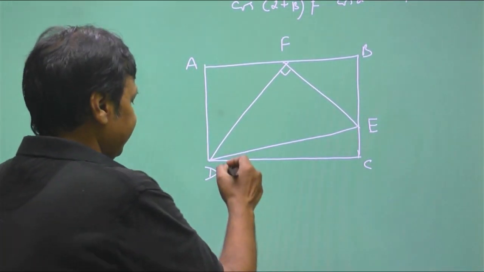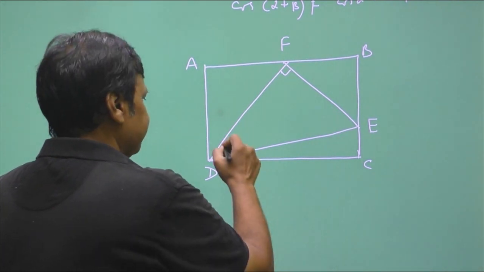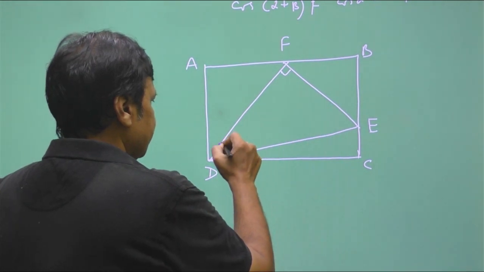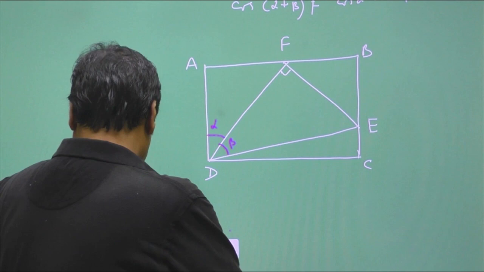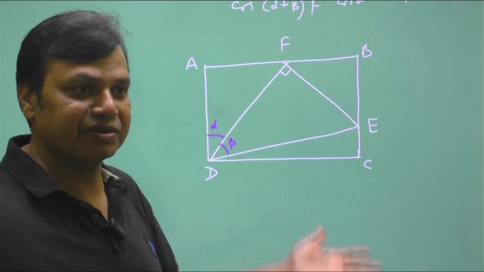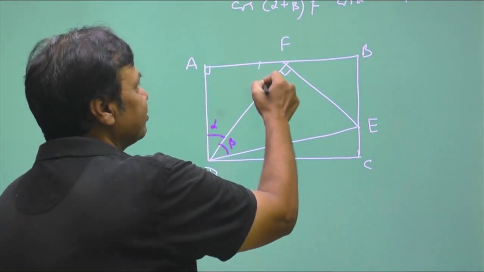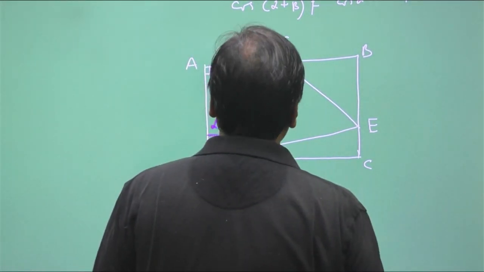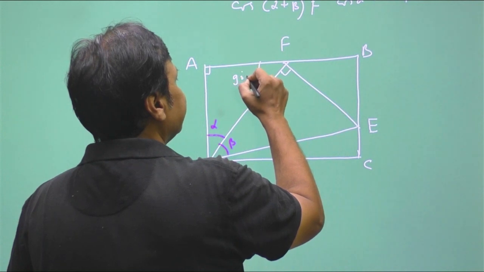Now take this angle equal to beta. And this angle is alpha. You can see many things here. If this angle is alpha and this angle is 90 degrees, so this angle is 90 minus alpha.